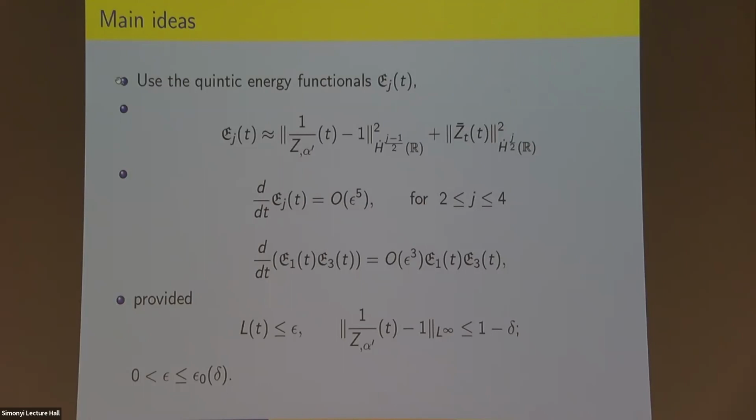For large data, you can have a splash singularity. In the periodic case, you can have a splash singularity for large data. But I won't call a splash singularity a singularity, right?